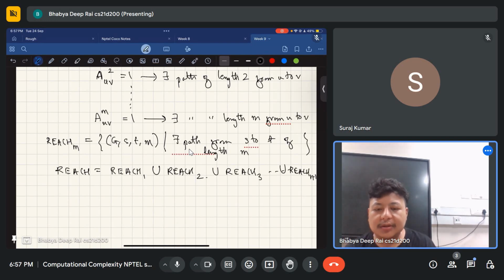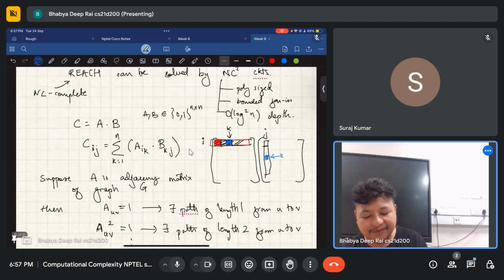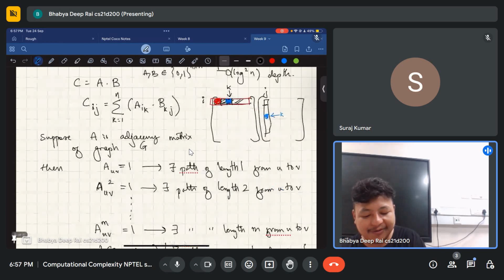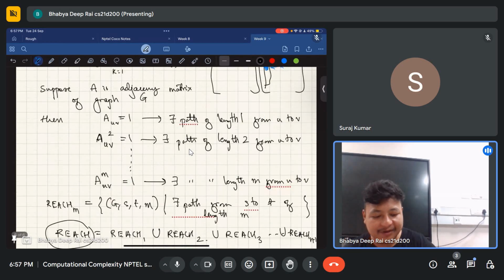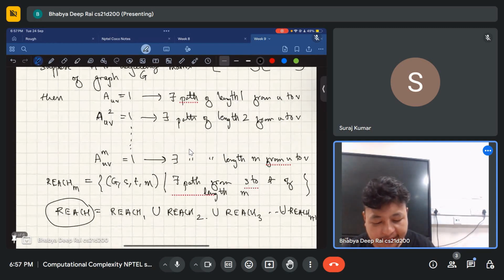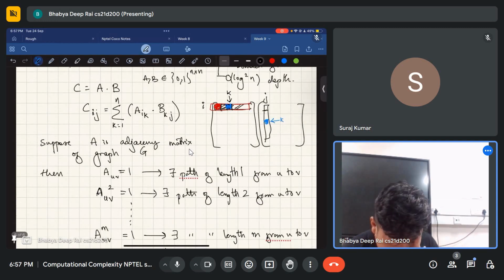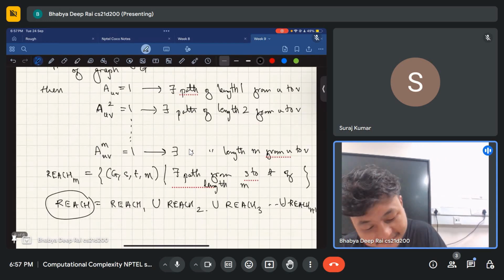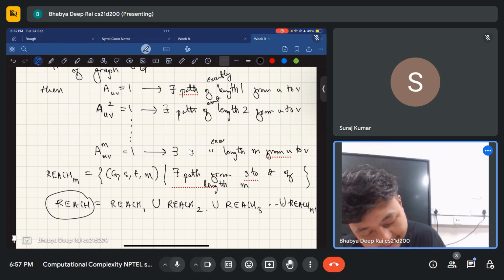So now the question is, we are trying to solve a harder problem. First of all, NC2 means only OR and AND, but here we are doing multiplication and addition, so I've not even entered that place yet. And this is a path of length exactly 2, exactly, not at most.